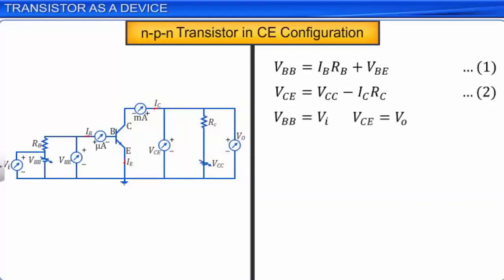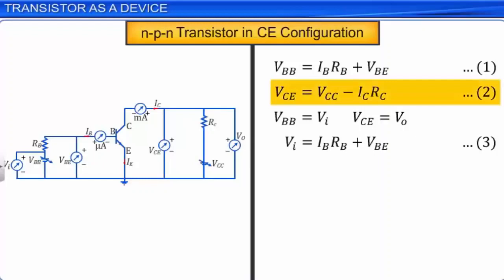Then equation 1 can be written as VI is equal to IB into RB plus VBE. Let this be equation 3. And equation 2 can be written as VO is equal to VCC minus IC into RC. Let this be equation 4.